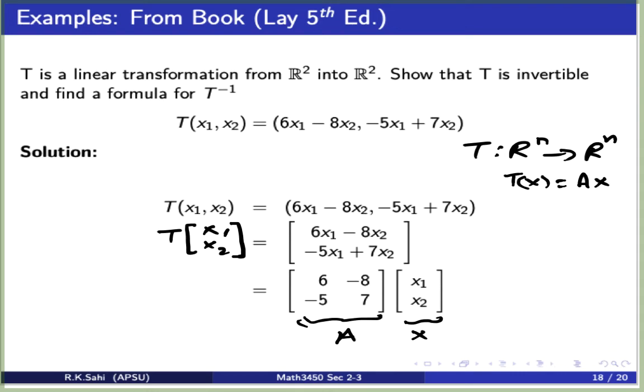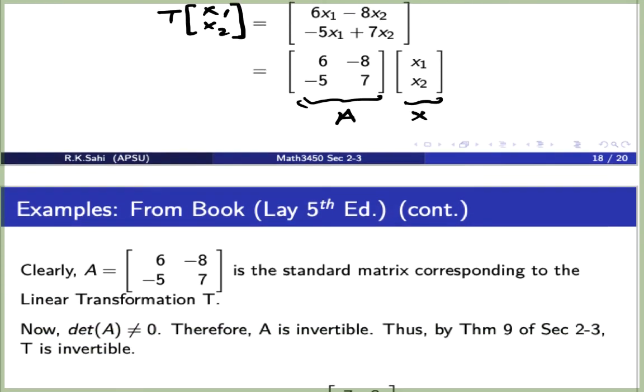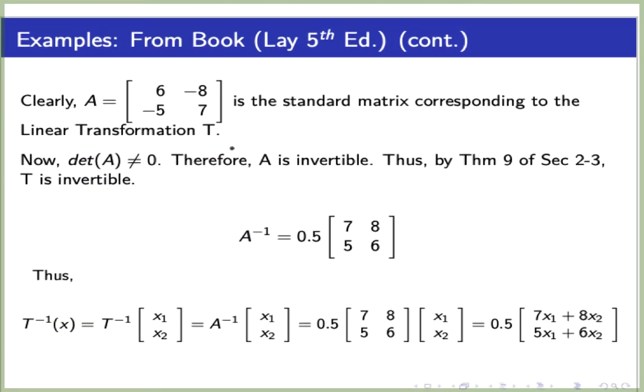The determinant of this matrix A is 6 times 7, 42, minus 5 times minus 8, which is 40, which is 2, non-zero. So clearly by the theorem we looked at in section 2.2, since the determinant of A is non-zero, this matrix is invertible. Now, from our previous theorem number 9 of section 2.3, T is invertible.